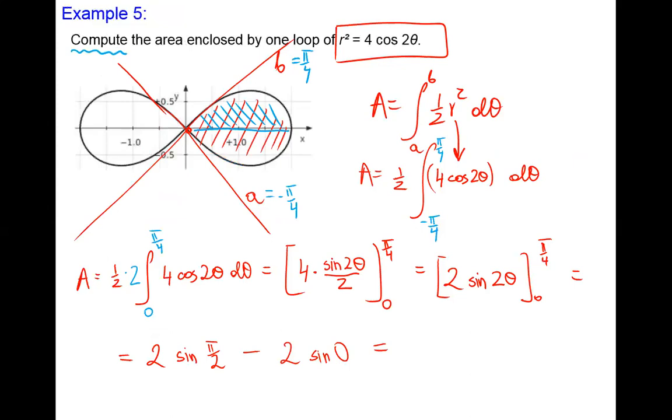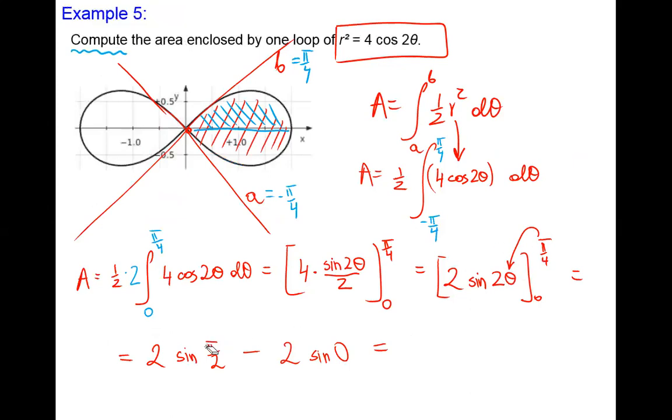We have to use the double angle, especially for trigonometric substitution. But I think we can just substitute pi over 4 and multiply by 2. We can just keep it like that in this case. It's really good that you actually know the formula for sine of 2 theta. It will definitely be on the test, but this one we can keep.